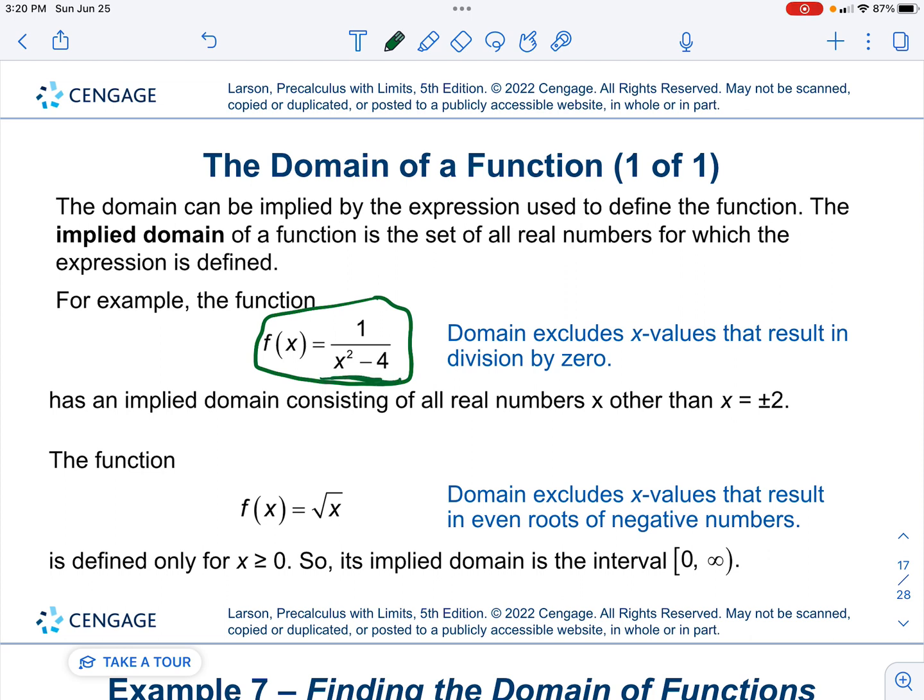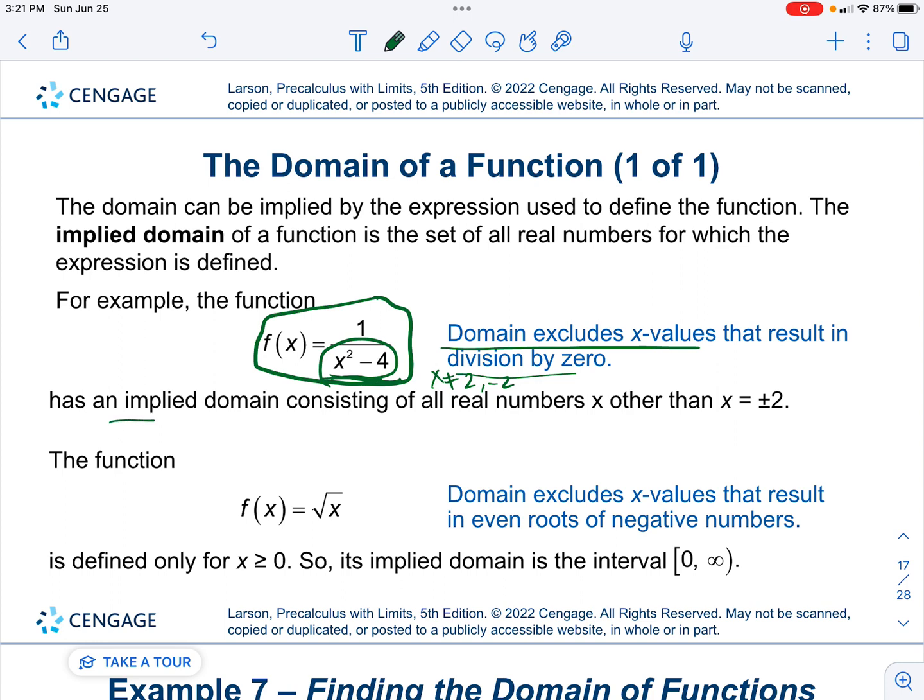So if I were looking at something like this, I'd say, I just can't have x be 2 or negative 2, because if it was 2, 2 squared is 4, 4 minus 4, that would make the bottom equal 0. Same with negative 2, that would make the bottom equal 0. So I would say, for this one, the domain excludes all the x values that would result in divide by 0.